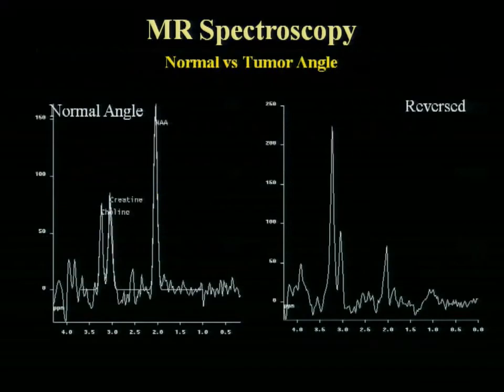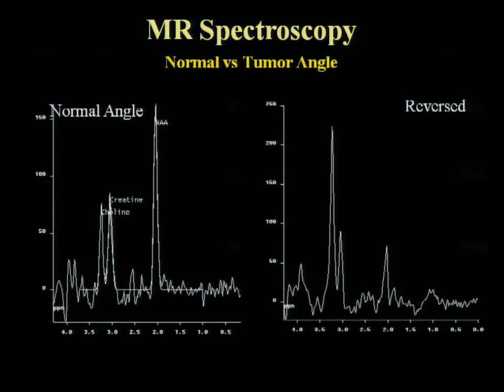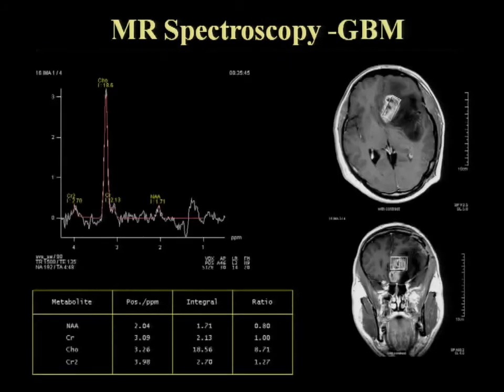This is a very simple graphic. Those are the metabolites in normal brain, and when we have this reversed angle, this is a tumor. We have the increase of choline and decrease of NAA. This angle is the normal one, and this is the abnormal in the case of a tumor. And we may have single voxel spectroscopy.